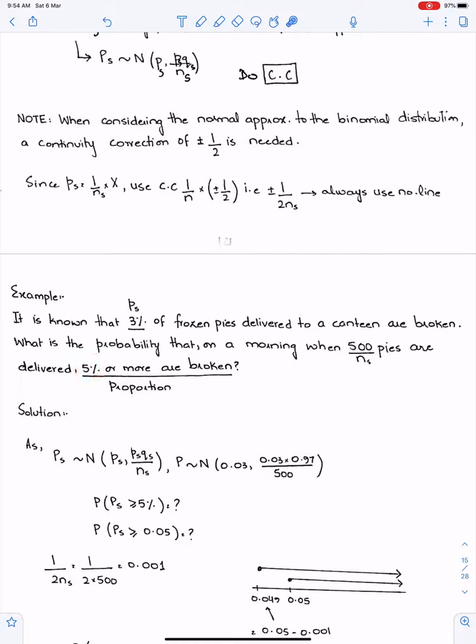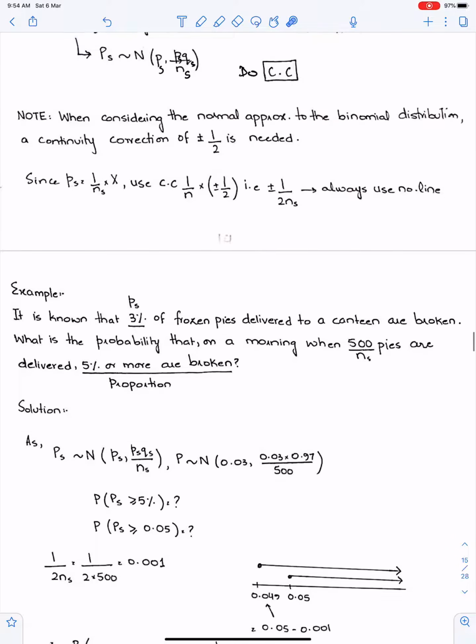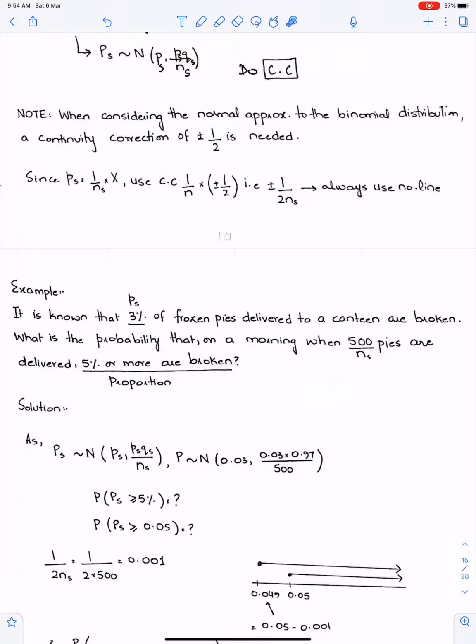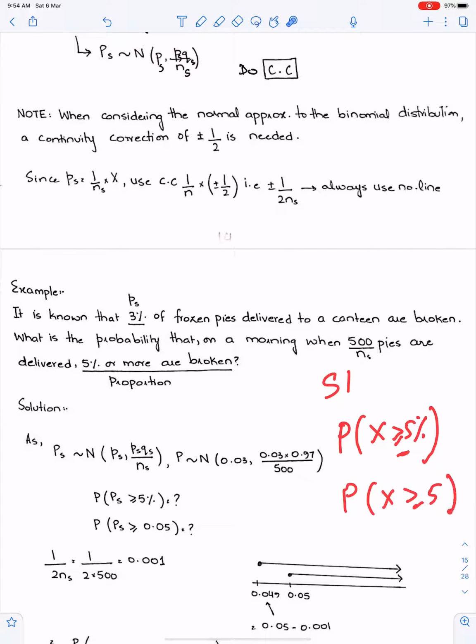Remember when you used to do binomial in S1, the question was of this type. Find the probability that at least 5 or more are broken. You never did a question of this type, 5% or more are broken, or at least 5% or more are broken. You did this type of questions. At least 5 or more are broken.